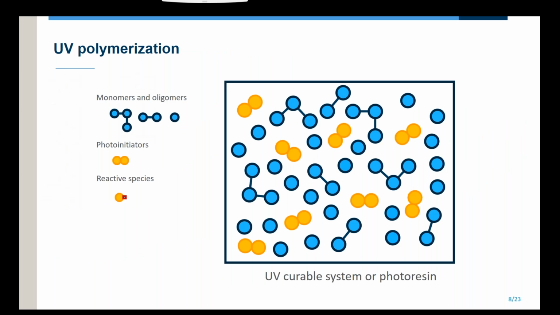So the resin that we have is actually a mixture of monomers, oligomers, sometimes non-reactive materials, which are not shown here, and photoinitiators. The photoinitiators are the ones that begin the reaction. So hopefully you will see a flash of light now.